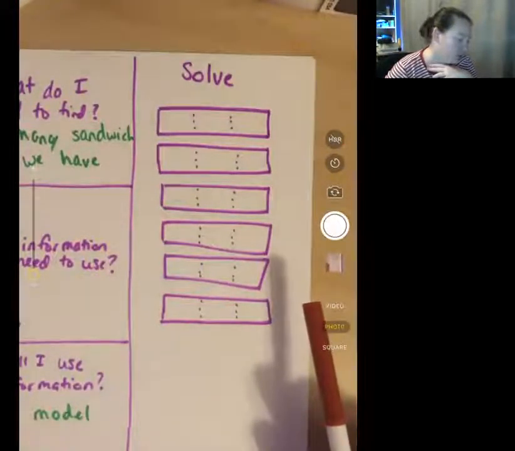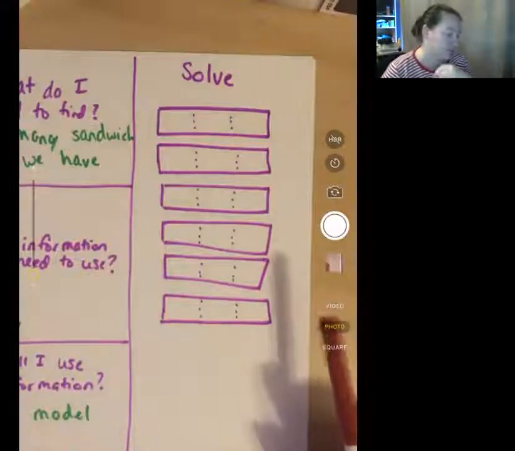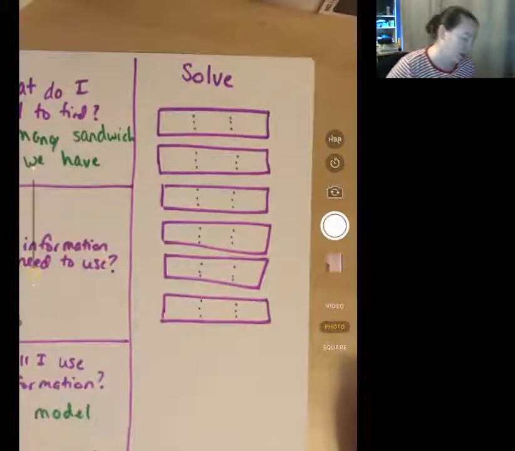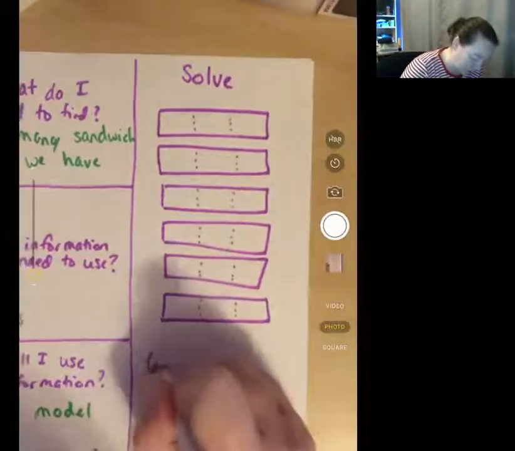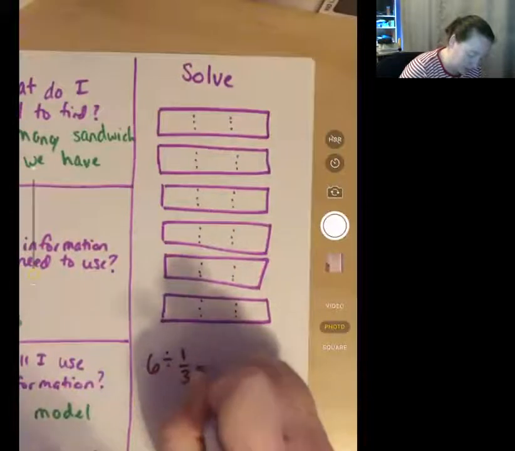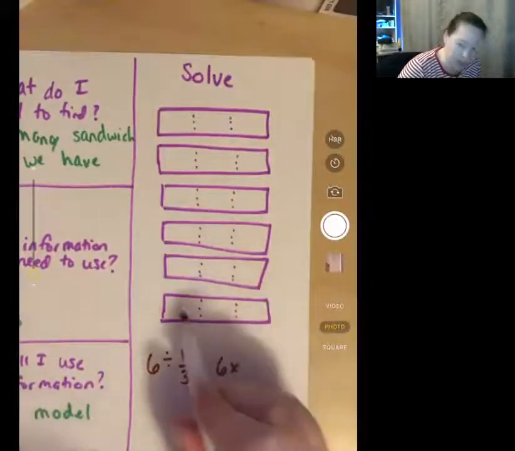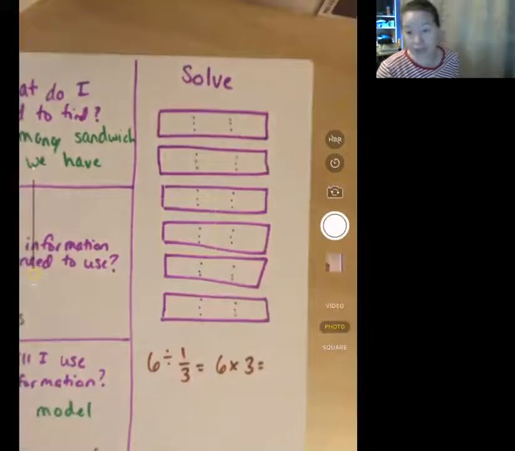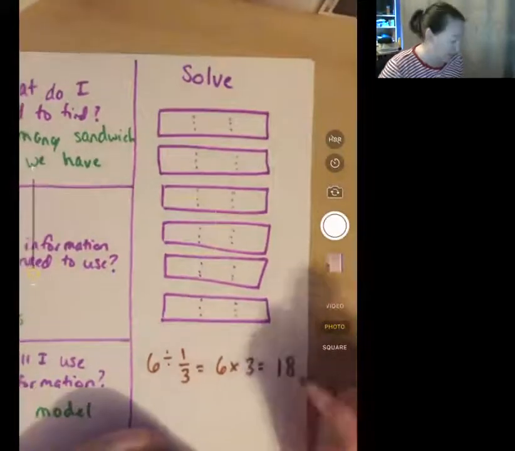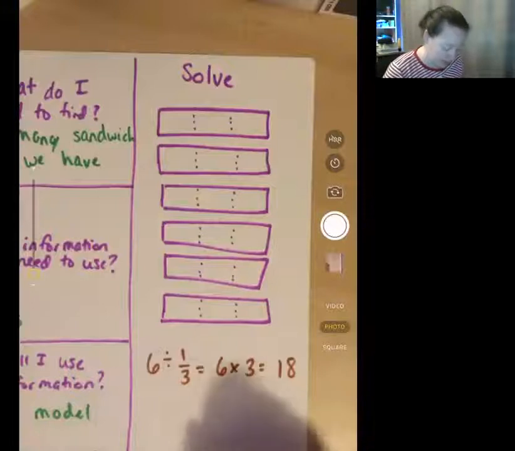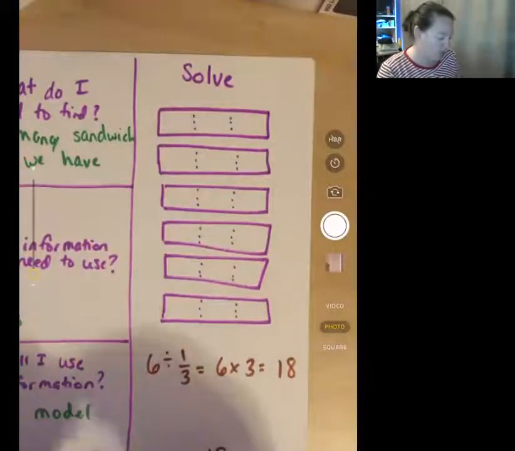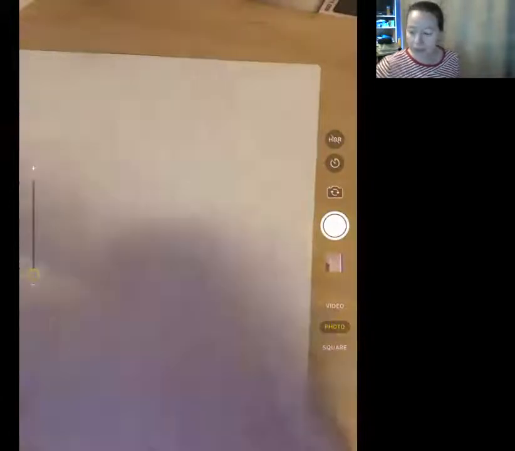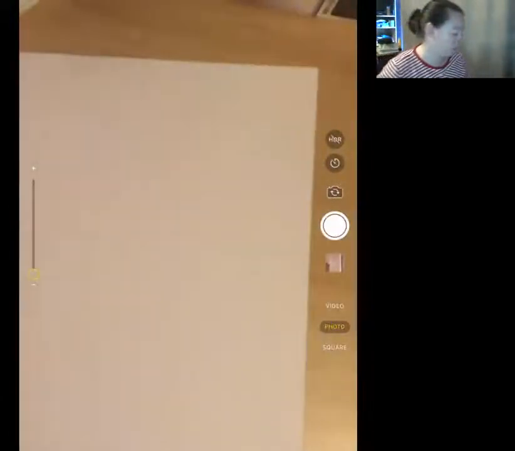To find the total number of thirds in the 6 rectangles, I can multiply the number of thirds in each rectangle by the number of rectangles. So 6 divided by 1/3 is equal to 6 times, and there are 1, 2, 3 in each. 6 times 3 is 18. And so Erica has 18 1/3 size sandwich pieces. Next page.